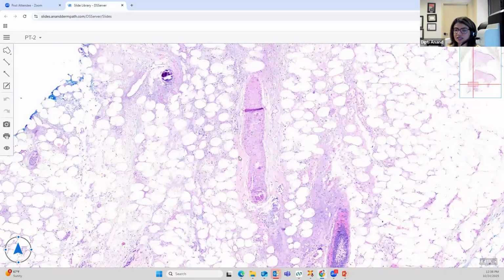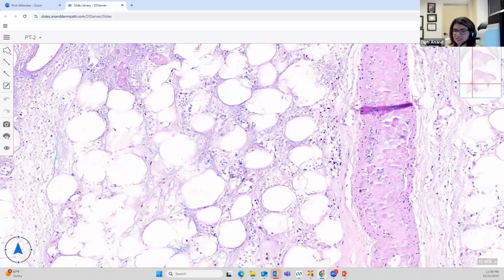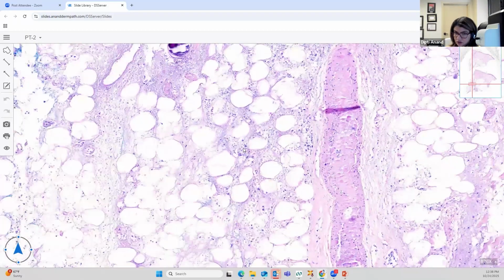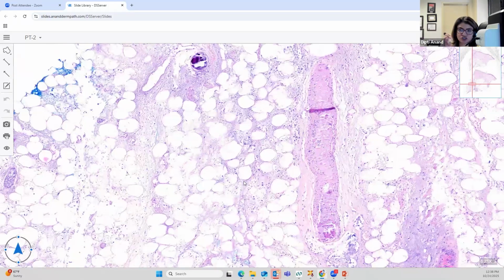Whenever you see variably sized fat, when fat is big and small, you think about ischemic fat necrosis, that something is involving the vessels, okay? And if it is very plain fat necrosis, where we do not see much inflammation, then that's true ischemia, not because of a damaged vessel, but because of something like venous change or chronic venous insufficiency.